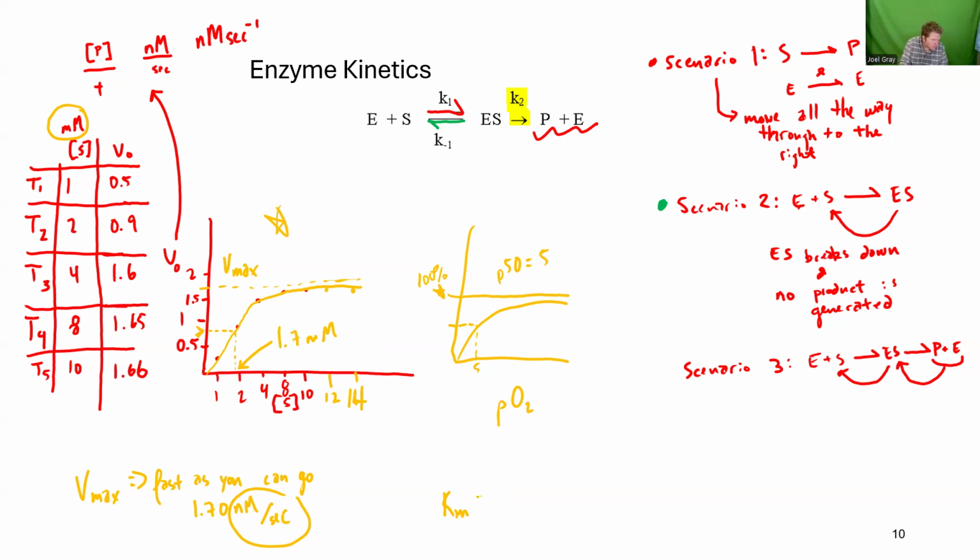So Km is the substrate concentration that gets our enzyme to half of its maximum velocity.